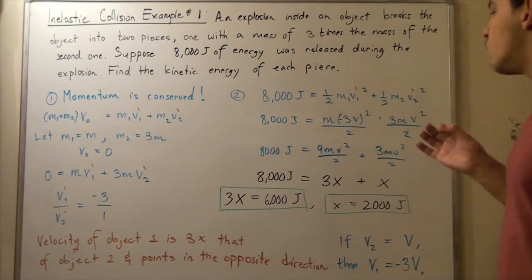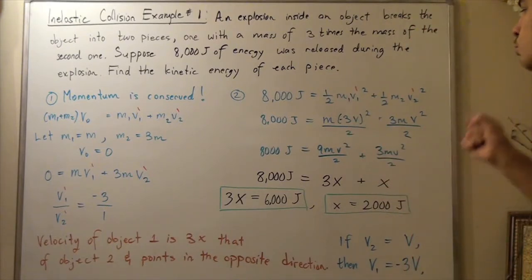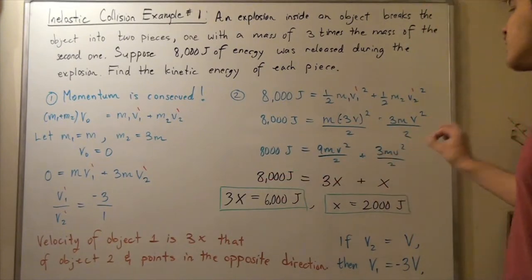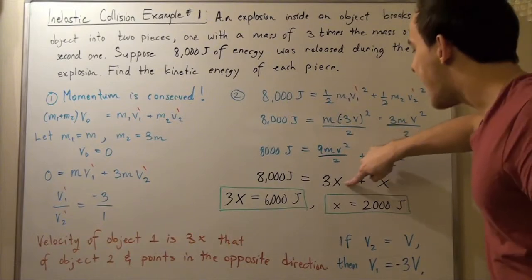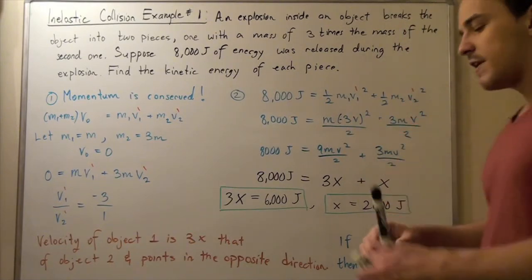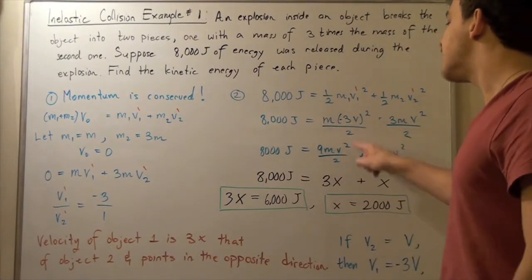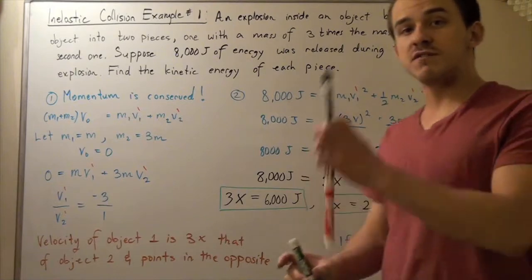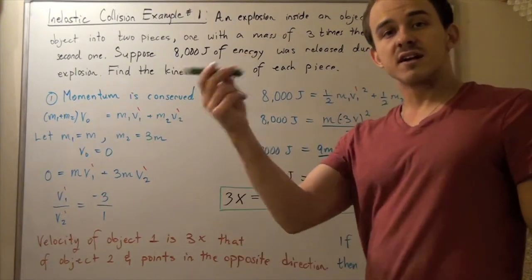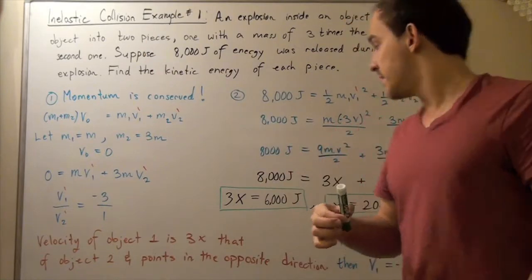And that means if I want to find each individual kinetic energy, I have to represent them with the following algebraic equation, where x simply represents the kinetic energy of this object, and 3x, since it's 3 times as large as the kinetic energy of this object, represents the kinetic energy of my first piece, the lighter piece, the faster piece.